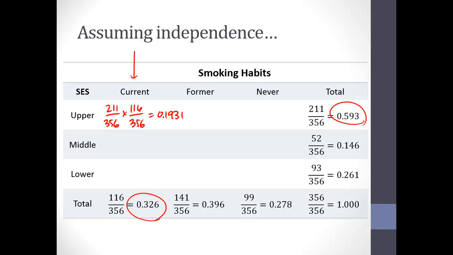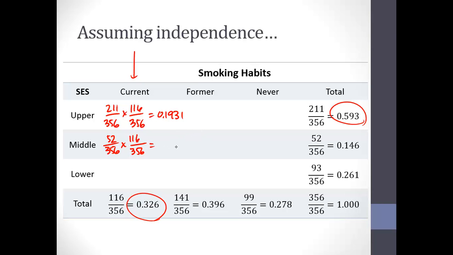So again, if I have independence going on here, the probability of being in that first cell is going to be equal to the probability of the whole row times the probability of the whole column. And I can do that for the middle class current smokers as well. I can take the row total, 52 out of 356, times 116 out of 356.